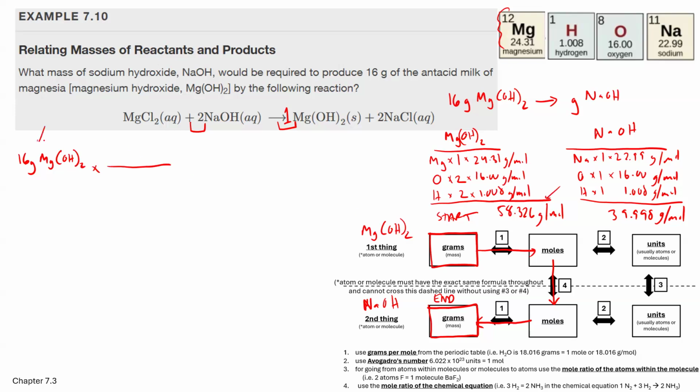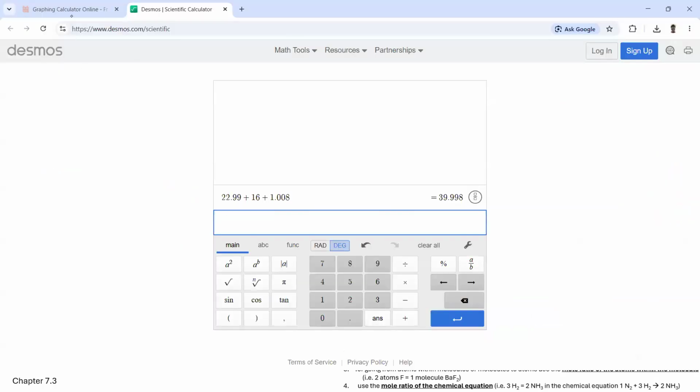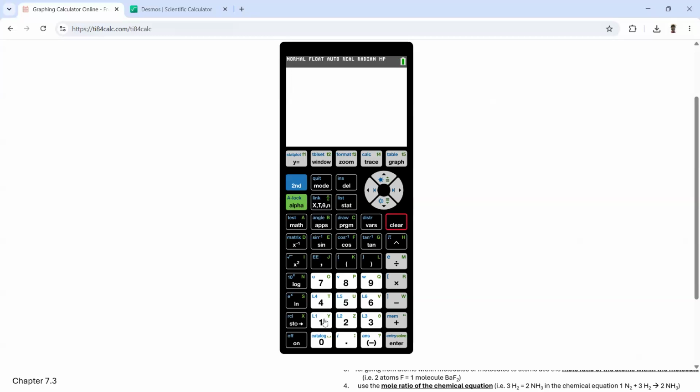We see grams up top here, so we have to have the grams on the bottom. 58.326 grams of, specifically, magnesium hydroxide on the bottom, and we have 1 mole of magnesium hydroxide up top. Let's do the math. So 16 divided by 58.326.